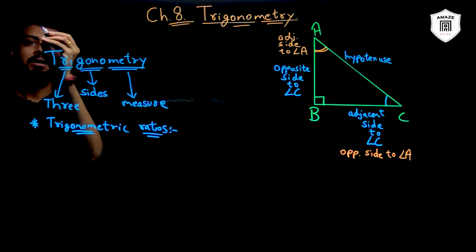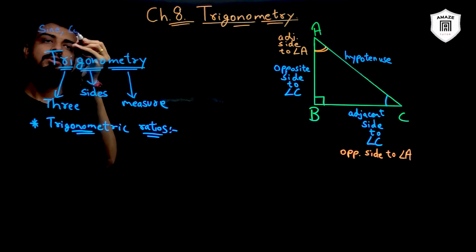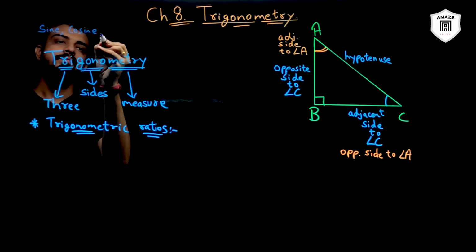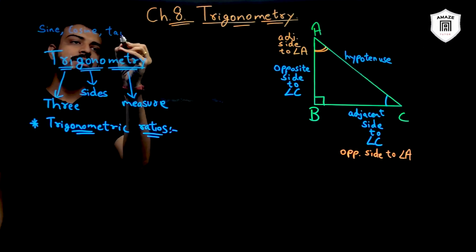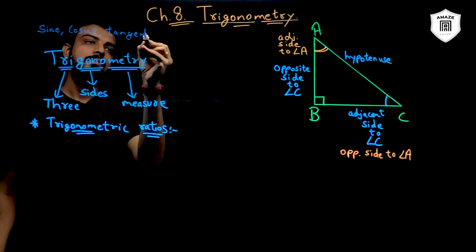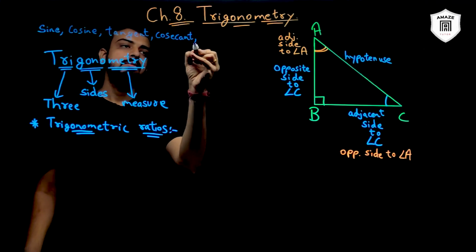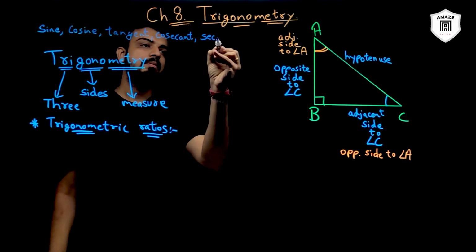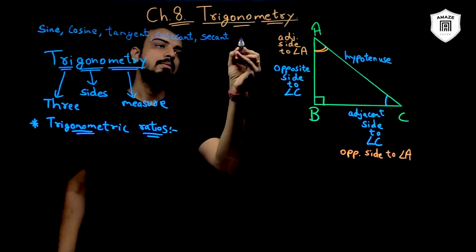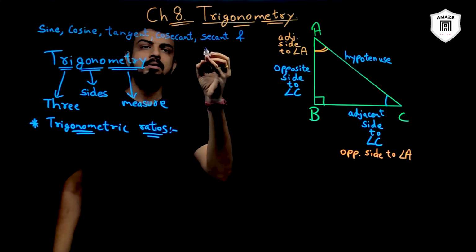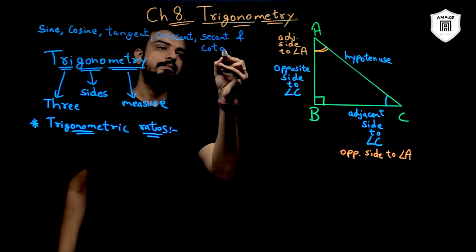The names are sine, cosine, tangent, cosecant, secant, and cotangent.